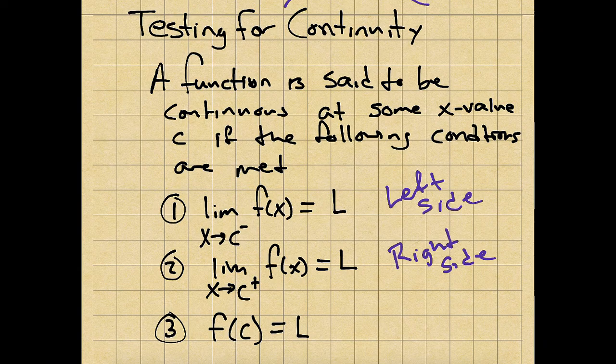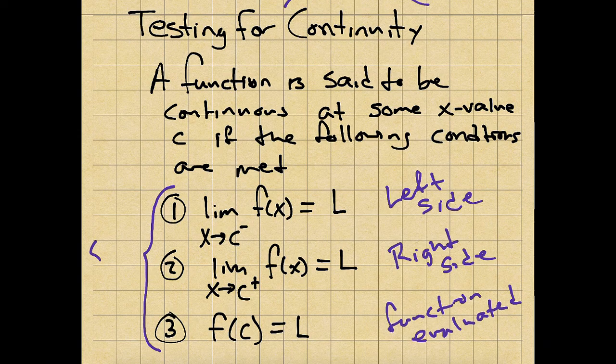And then this is just the function evaluated. What you need is to determine that these are all the exact same thing. If they're not the same, then the function is not continuous. If they are the same, then you're good. So if you're going to show this formally, that's what you'd have to write out.